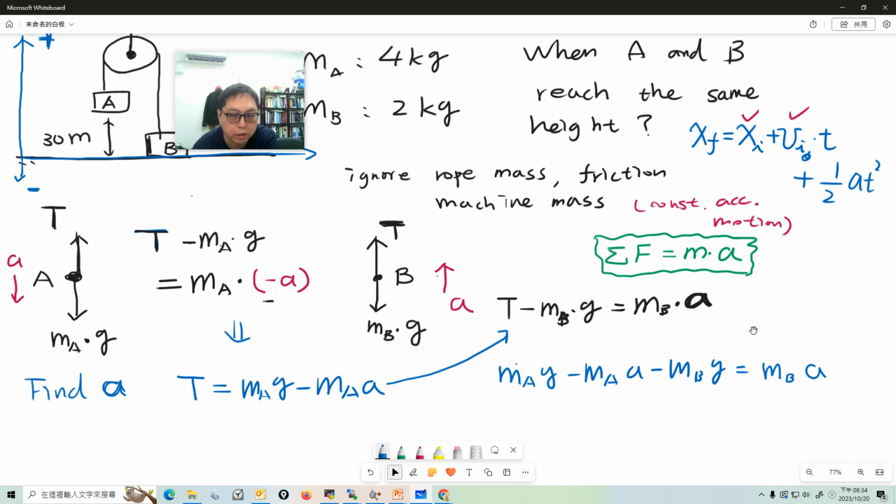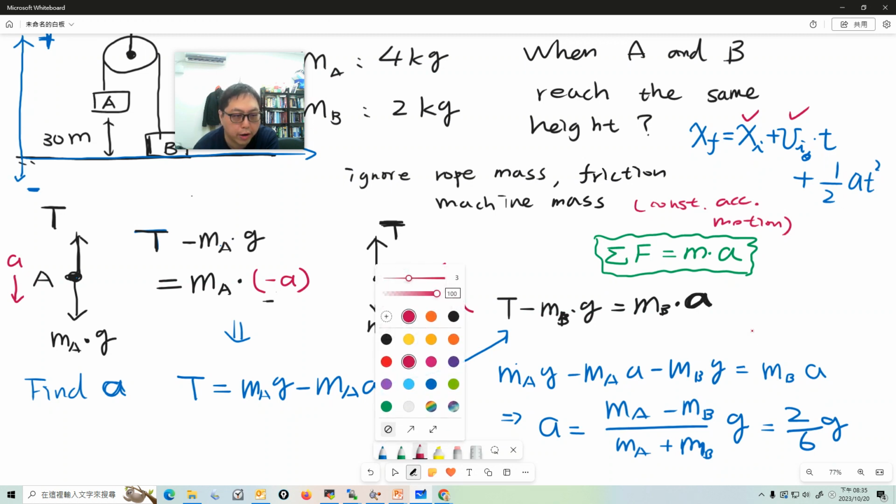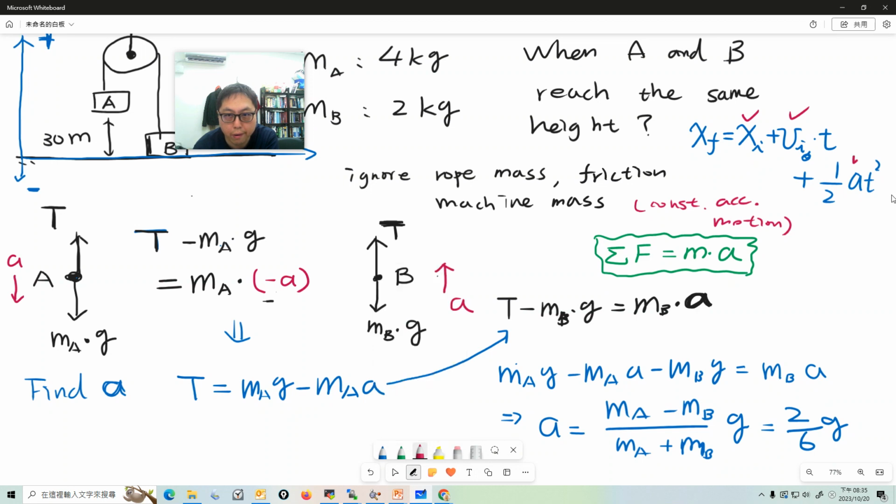So a equals (MA minus MB) G over (MA plus MB). It's 4 and 2, so 4 minus 2 is 2, 4 plus 2 is 6. So we find the acceleration is one third of the gravitational acceleration. So we get the acceleration, right? I think we can solve this problem.